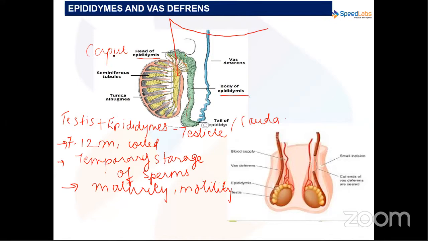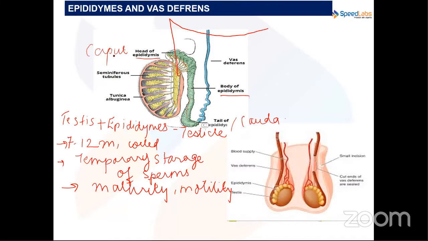So how do they move all the time? Now you should ask me that, ma'am, how are they moving if they are not active? Basically, inside the testis, in the epididymis and everywhere, they are propelled by the fluid movements, the fluid secreted by the ejaculatory duct and the vas deferens, and the peristaltic movement in the vas deferens helps in the movement of the sperms.